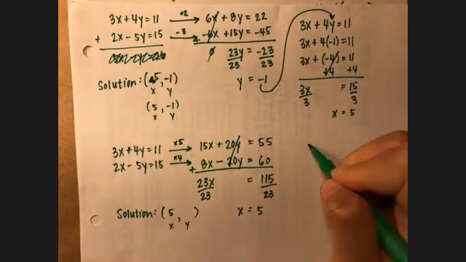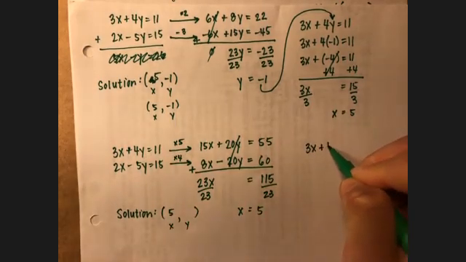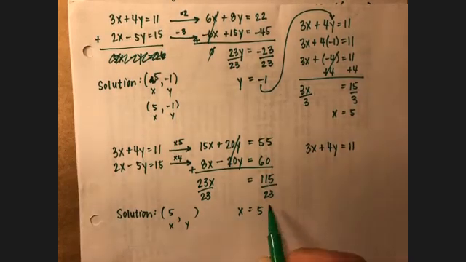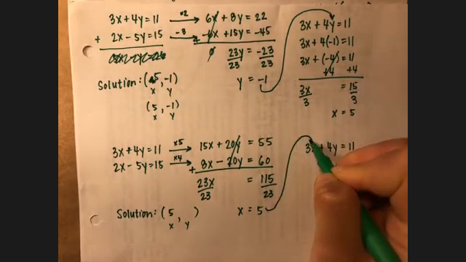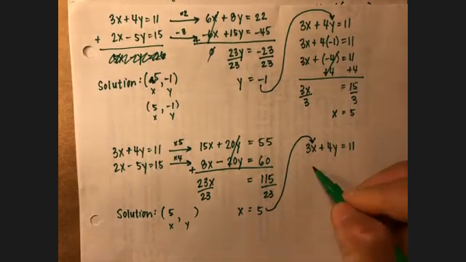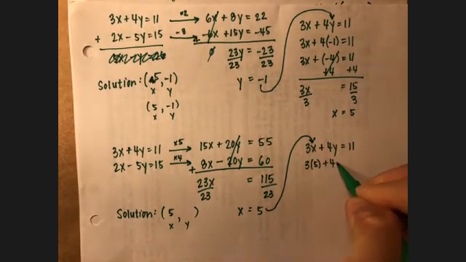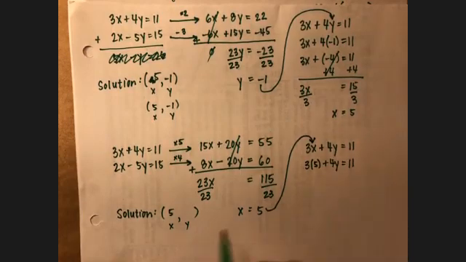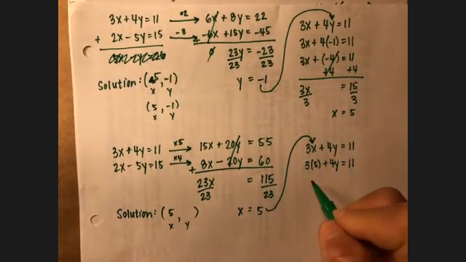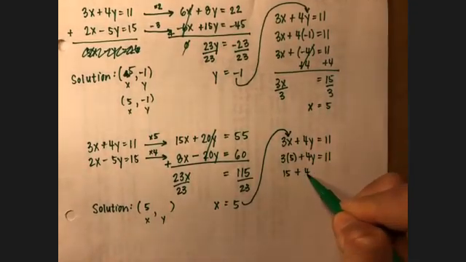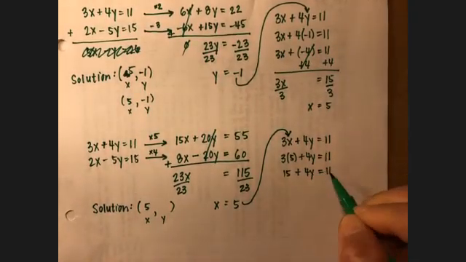I'll put it back into the first one. 3x plus 4y equals 11. The x is 5, so 5 goes into the x. That's going to be 3 times 5 plus 4y equals 11. 3 times 5 is 15, so 15 plus 4y equals 11.